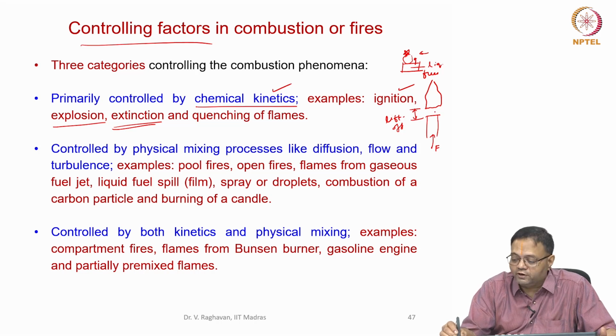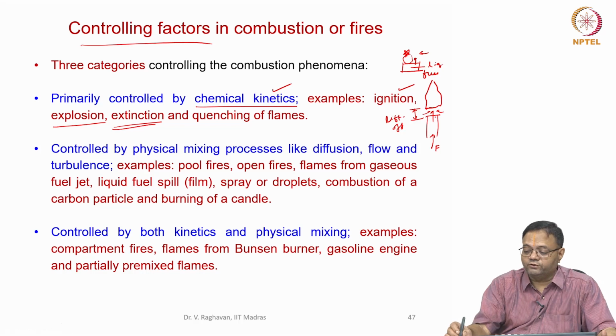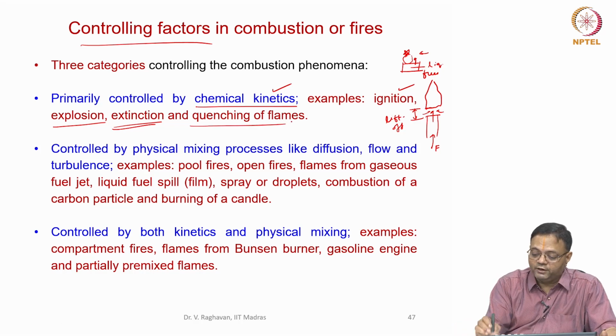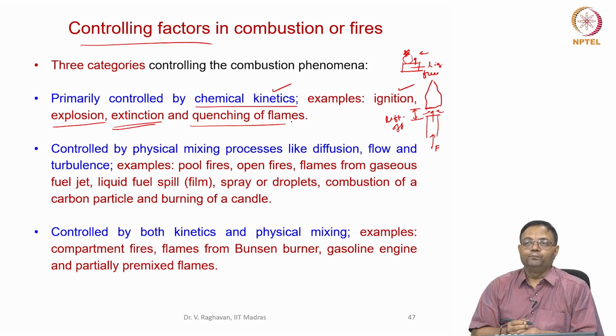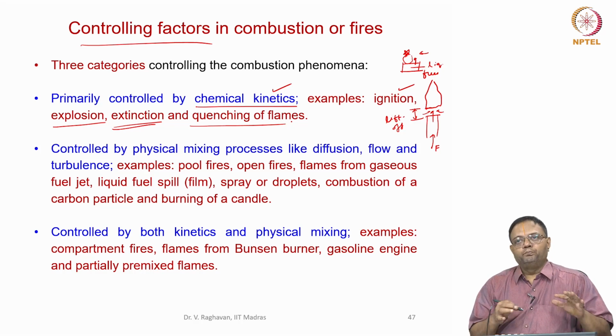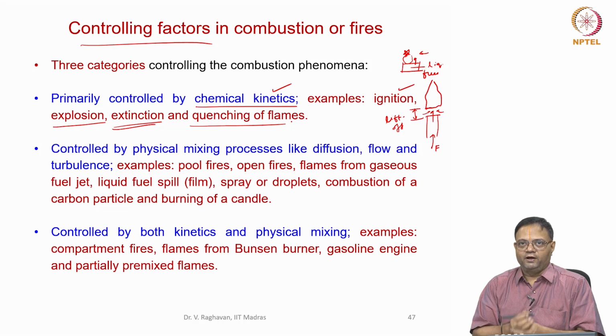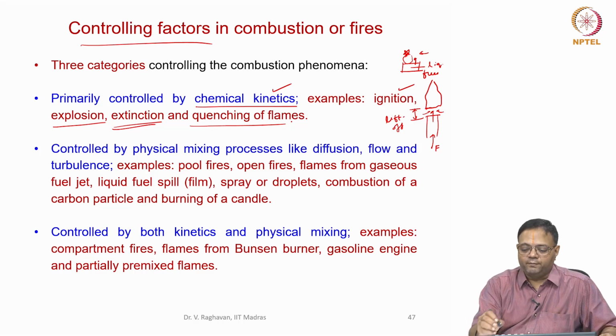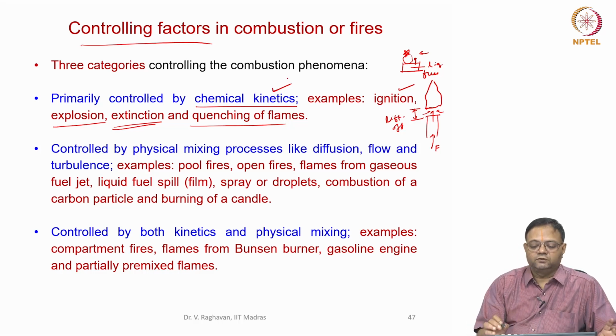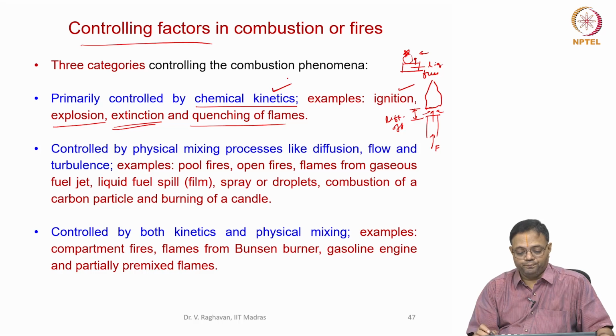But the fuel comes out here, mixes with oxygen or air from the atmosphere, so it is like a premixed combustion. So extinction, local extinction like lift off or quenching, etc., needs chemical kinetic information. So certain processes in fire involve analysis assisted by chemical kinetics. That is the first category.